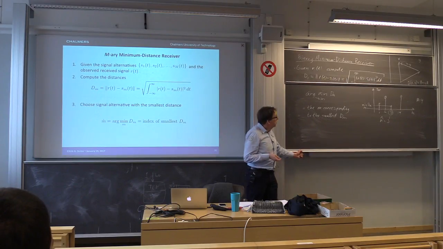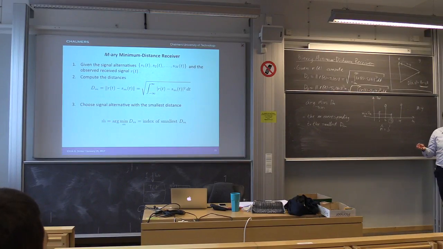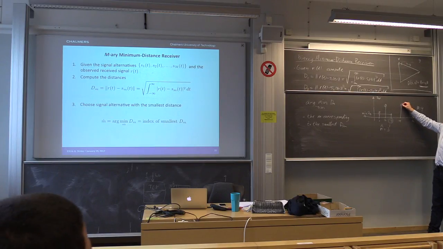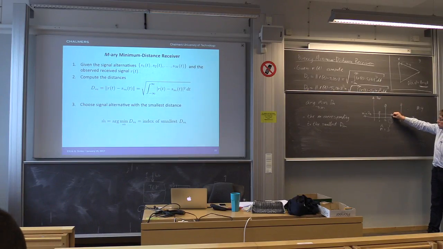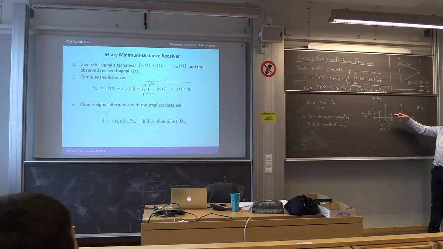So the principle here is that the M-ary minimum distance receiver calculates the distances to all the possible alternatives, finds the smallest one, and then picks the index of that. And that's our decision. Again, if we have a tie, that is two or several distances are the same, we pick randomly among those, or just pick one of them. That's fine.